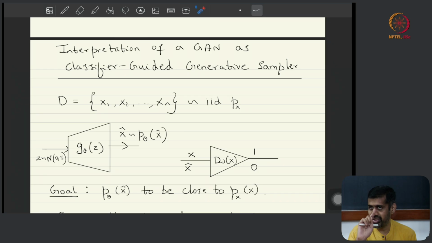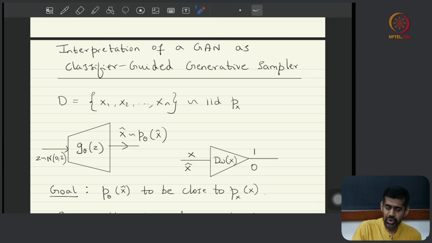As I told you, it is not projected as a minimizer of the lower bound on f divergence. It is projected as a classifier guided generator sampler. This interpretation is only true if we take that particular f divergence which is used in GAN, wherein the dw function or the t function can be interpreted as a classifier.